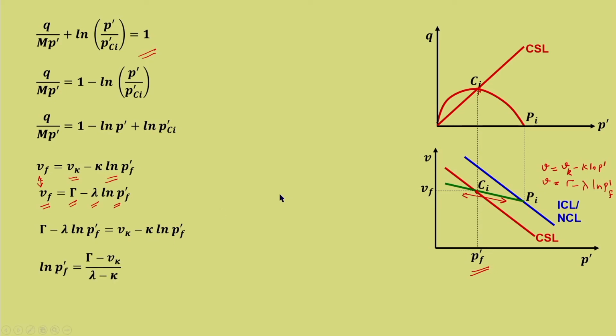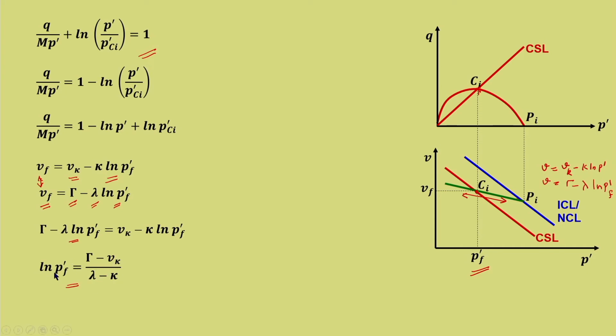Now, if you rearrange it, bringing this to the other side, we can write gamma minus Vkappa is equal to ln p'f into lambda minus kappa. So, ln p'f can be written as gamma minus Vkappa upon lambda minus kappa.